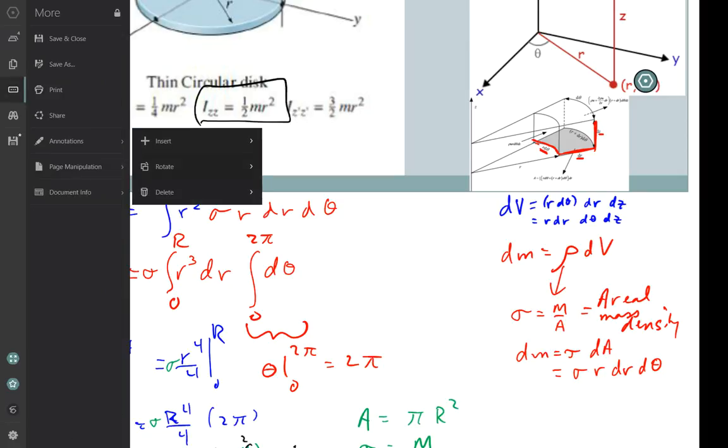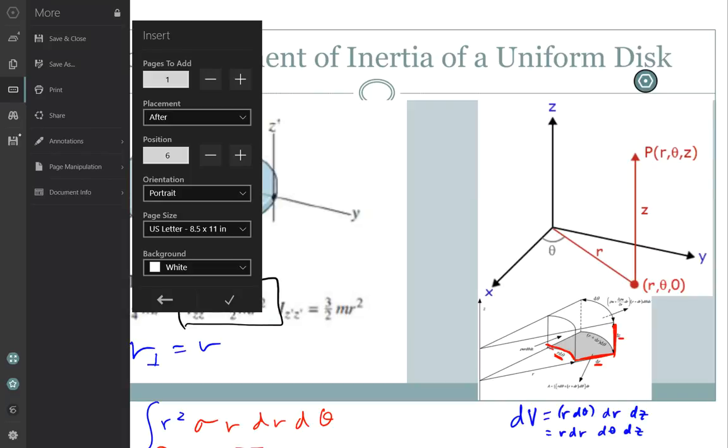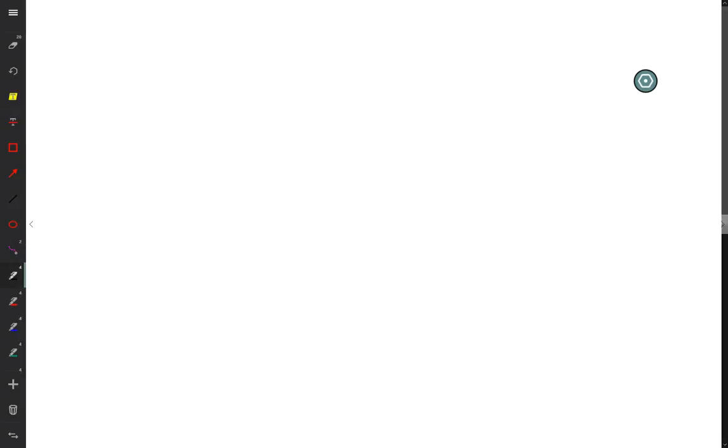So I realize I need to insert a page here. Let me go to the next page that I just made, and I'm going to draw this with a vertical circle. So I'm changing the orientation so I can have a vertical circle.